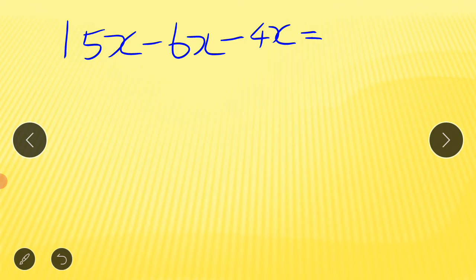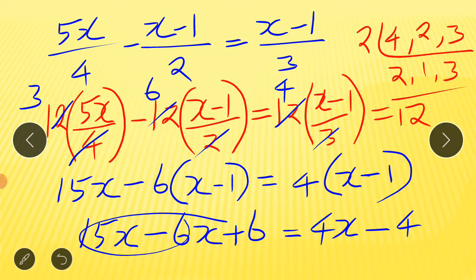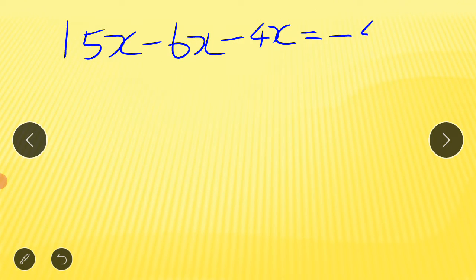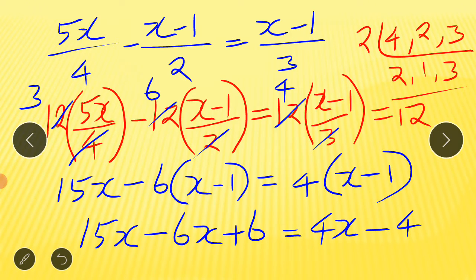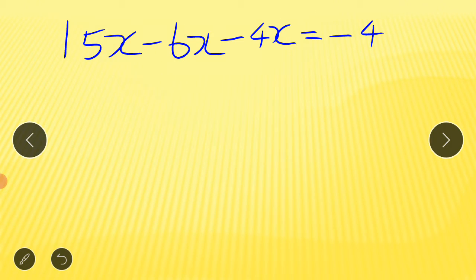So now we have brought the variable terms to the left hand side. Now let's keep the constant terms on the right hand side. Already the constant term on the right hand side is minus 4, so let's copy the minus 4 as it is. Then this plus 6 becomes minus 6 here.